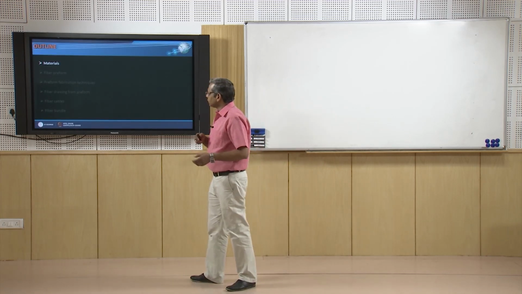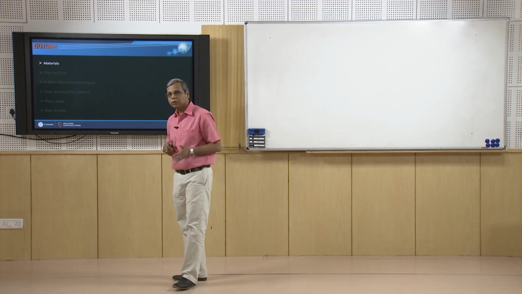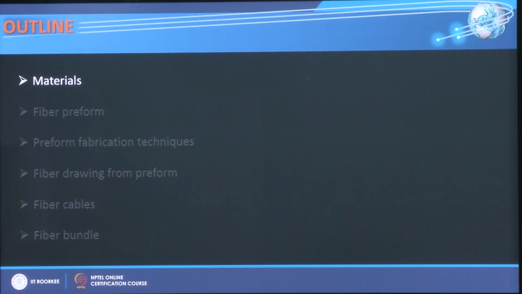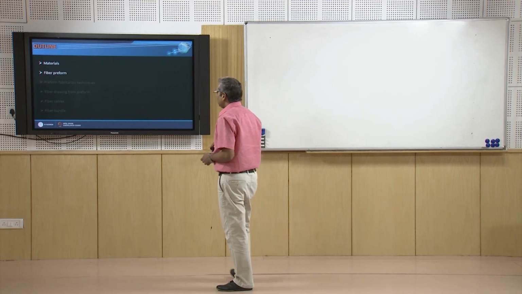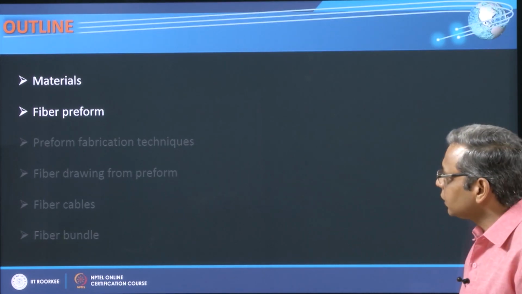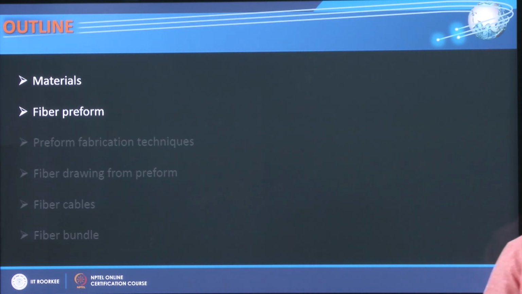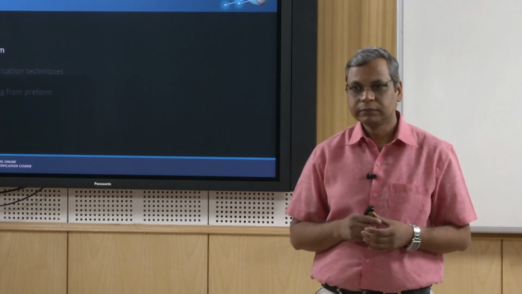The flow of the lecture is something like this. We will first talk about the materials which are suitable for making optical fibers. Then we will talk about a structure which is known as fiber preform, which is a blown up version of an optical fiber.